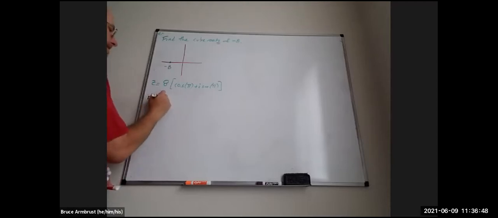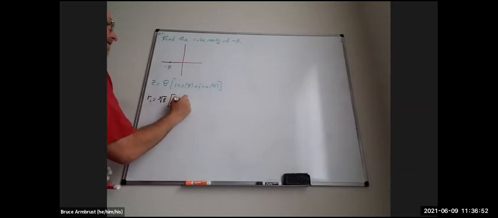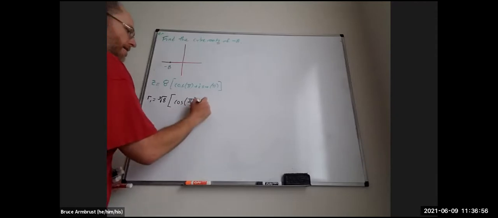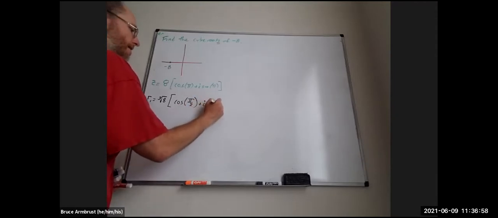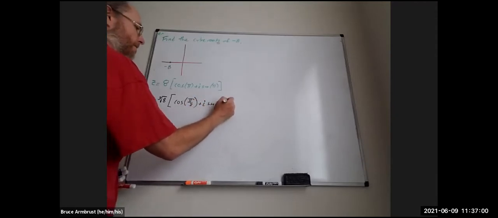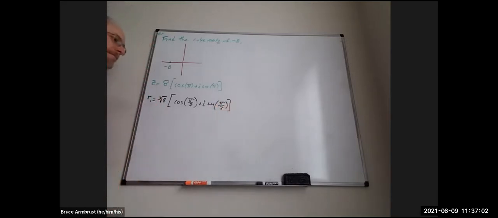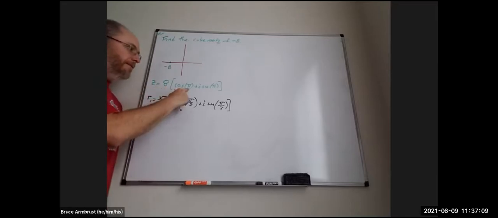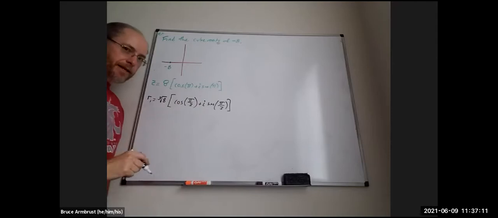It's going to be the cube root of 8 times cosine of pi over 3 plus i sine of pi over 3. So all I'm doing is I'm taking the cube root of this, and then I'm dividing my angle by 3 because it's a cube root.